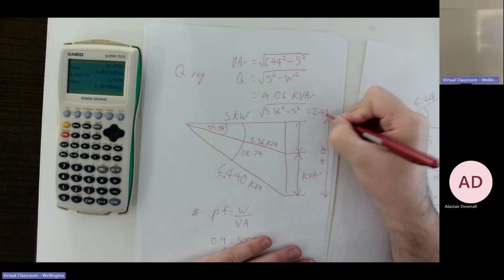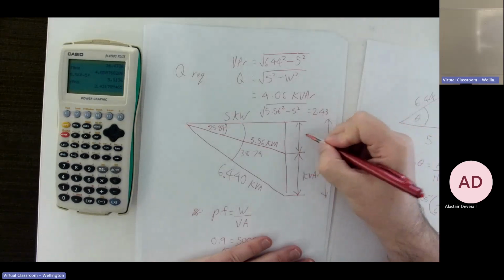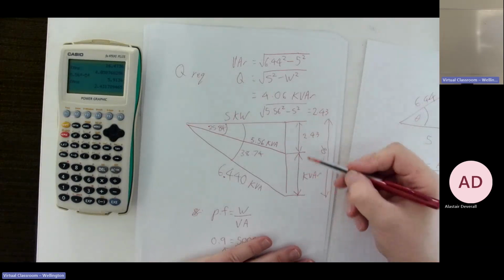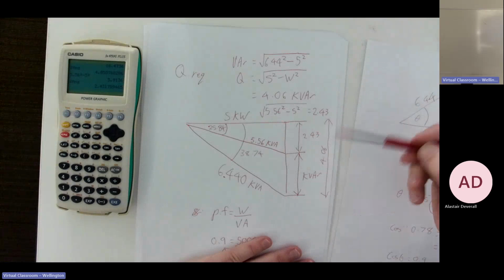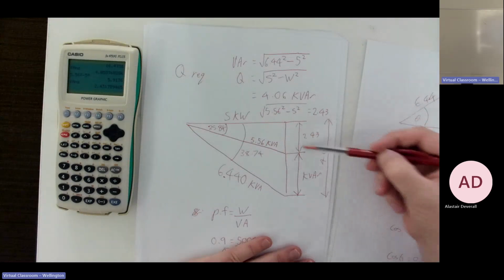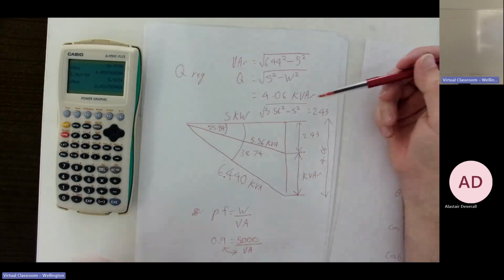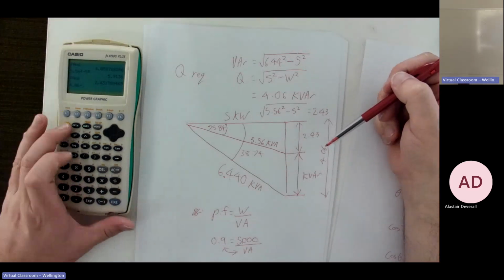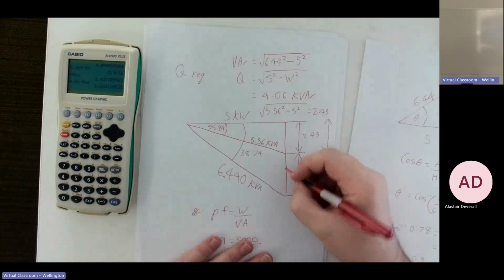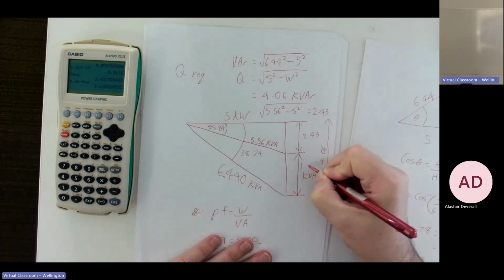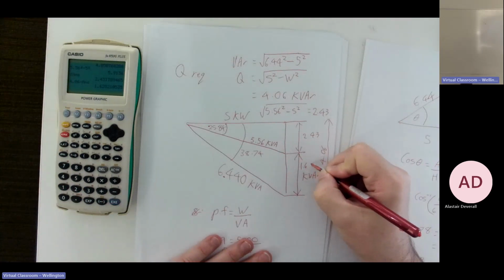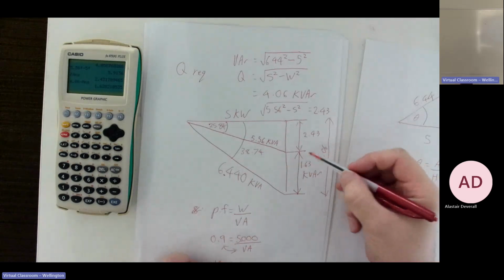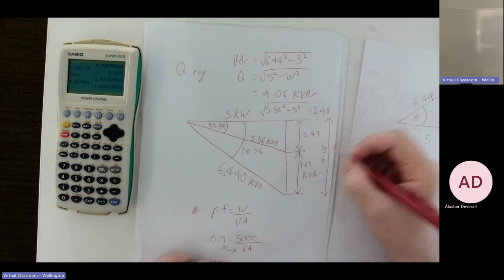So 2.43. So we know this value here is 2.43. To work out this value here, we get this value, we minus that value, and we'll end up with that value. So 4.06 minus 2.43, and we have 1.628, so 1.63. And that would be the most accurate way to get the answer.